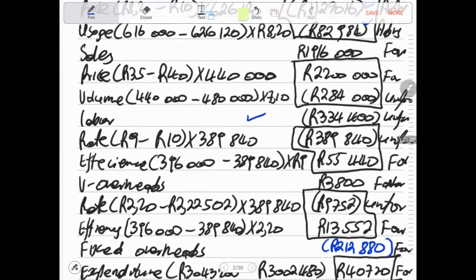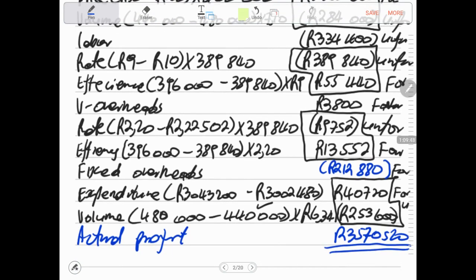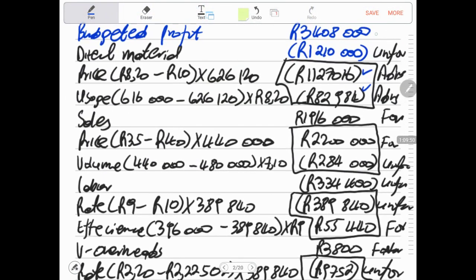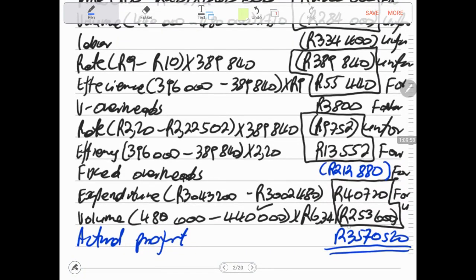Perhaps you have identified before that I've done some small mistakes. So now when we calculate from the budget minus the variances that are unfavorable plus those that are favorable, it should always bring us to the actual profit. And we have tested the previous question, you can also check, and in this question we get to the same amount.